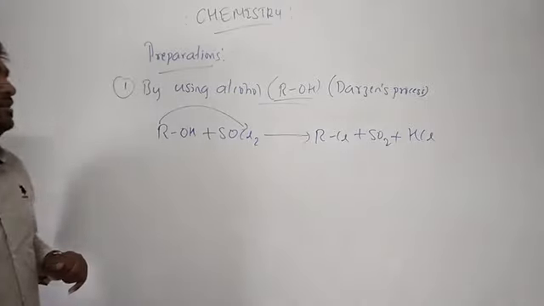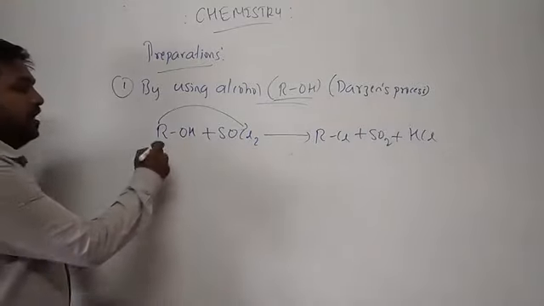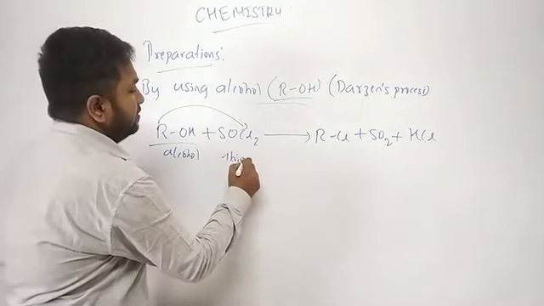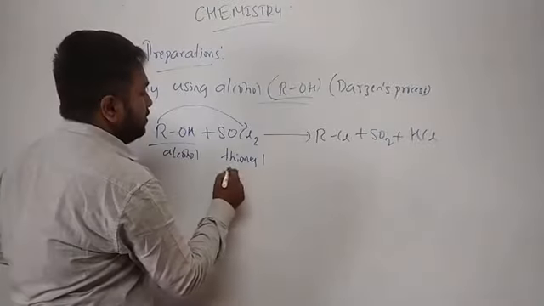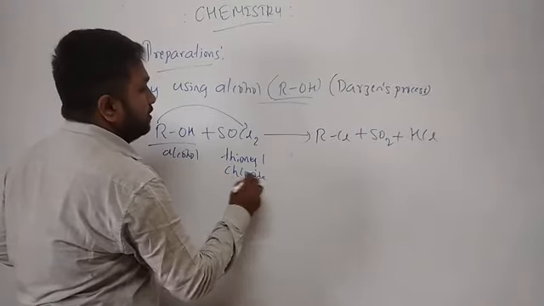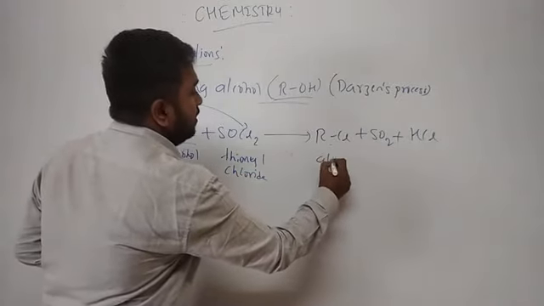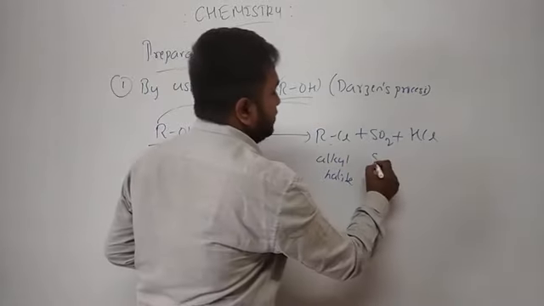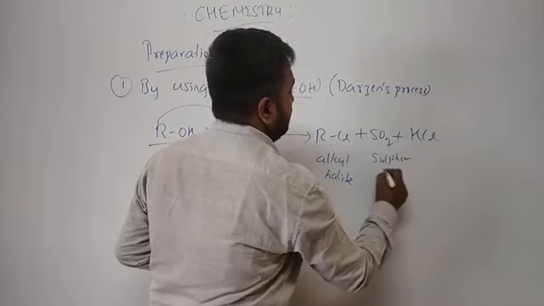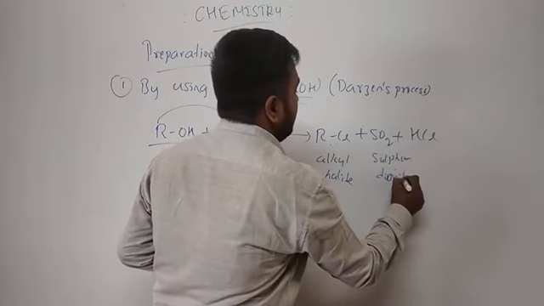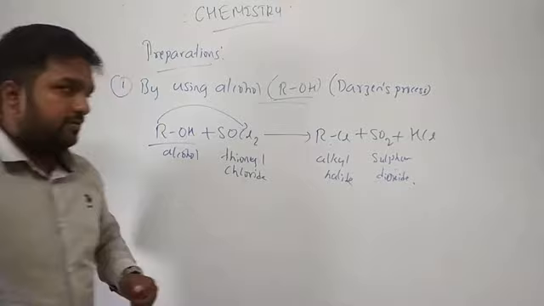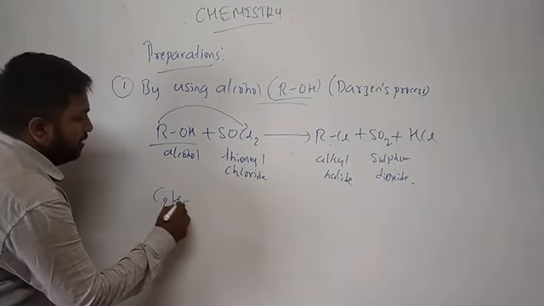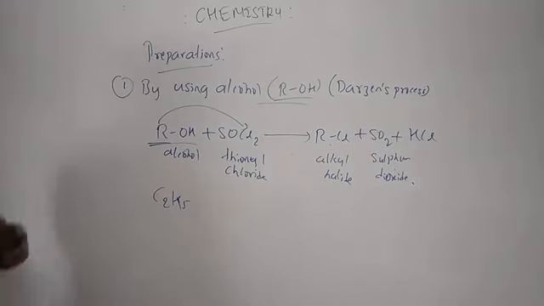Yeah, so this is the reaction of Darzens process: when alcohol is treated with thionyl chloride, it forms an alkyl halide with the liberation of sulfur dioxide and hydrogen chloride. Clear? So take the example for this. You can give any alkyl group.